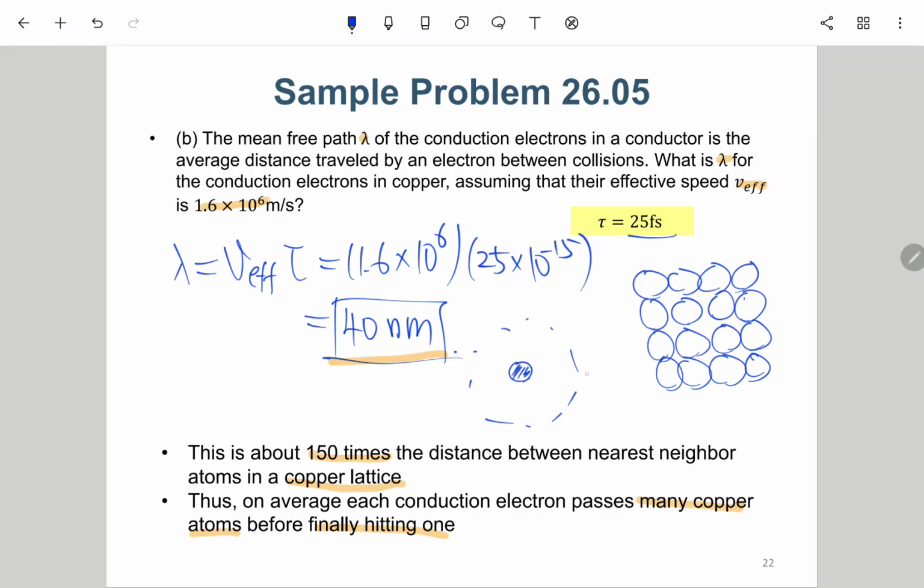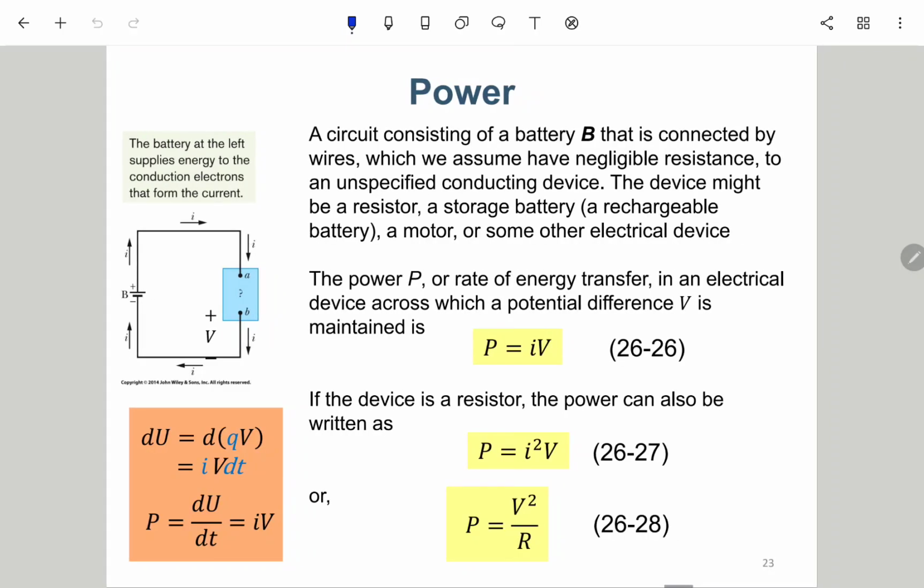So the lattice has quite a lot of space in between, so that the electron can go through even 150 atoms before a single collision. So this actually tells us this story.